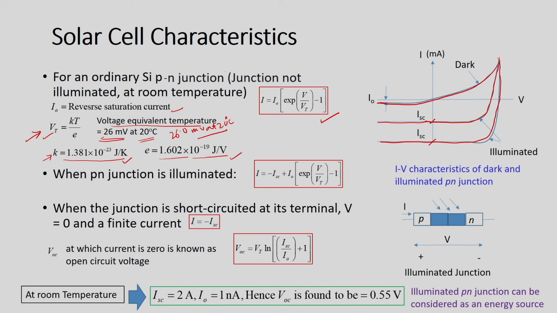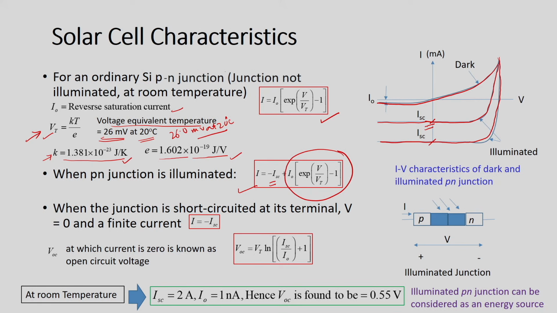Mathematically, when the p-n junction is illuminated, we can express it as I is equal to minus ISC plus this part. This ISC is what we get after exposing to the light, so that has to be added. Since it is in the fourth quadrant, this will be minus ISC.